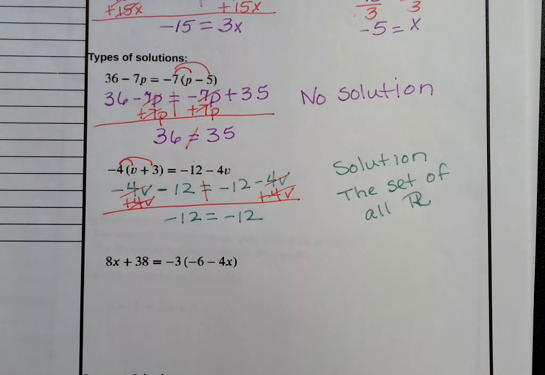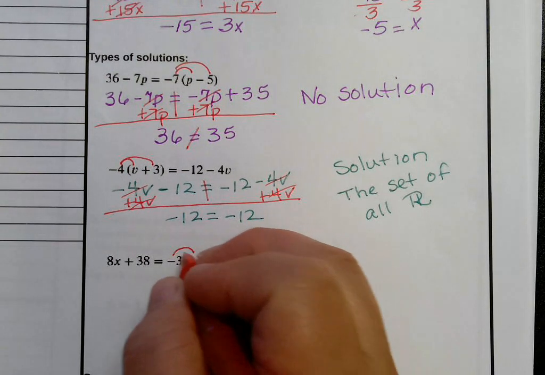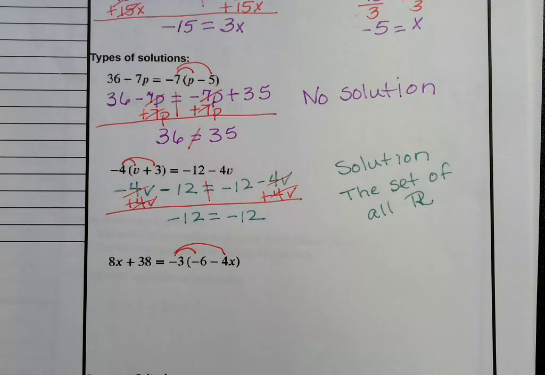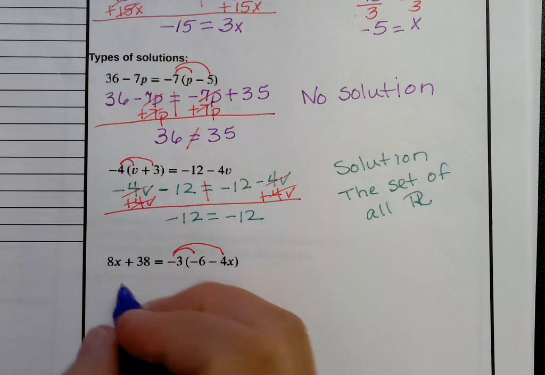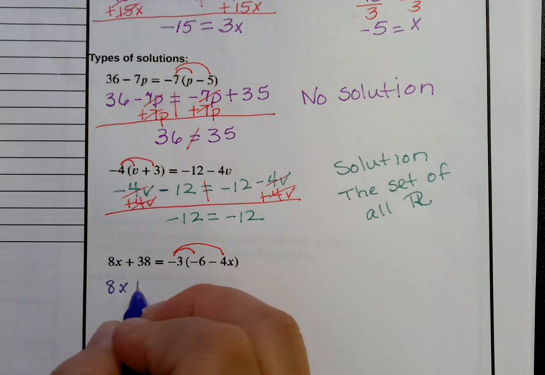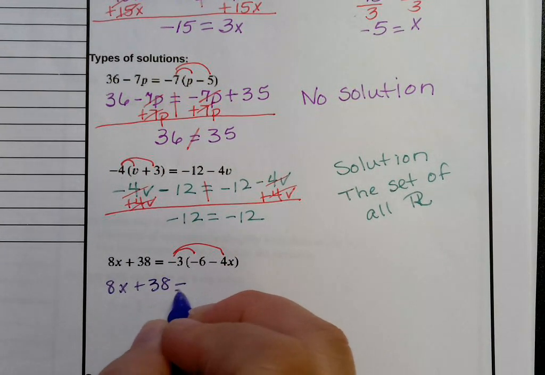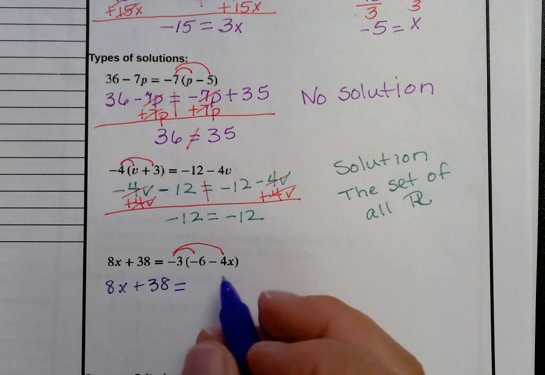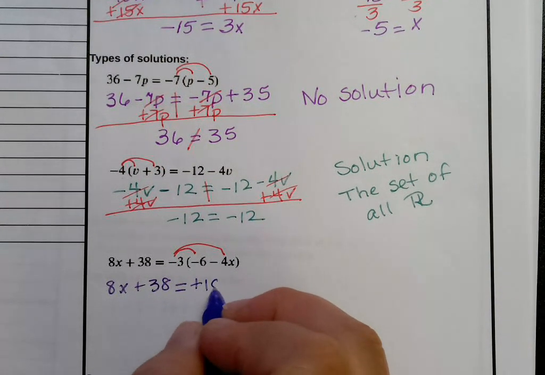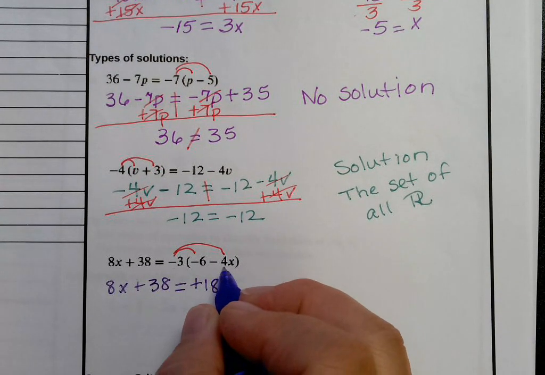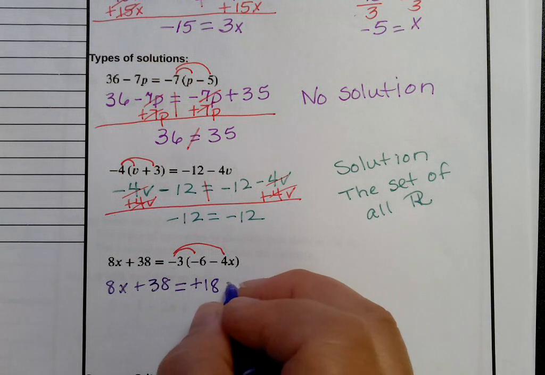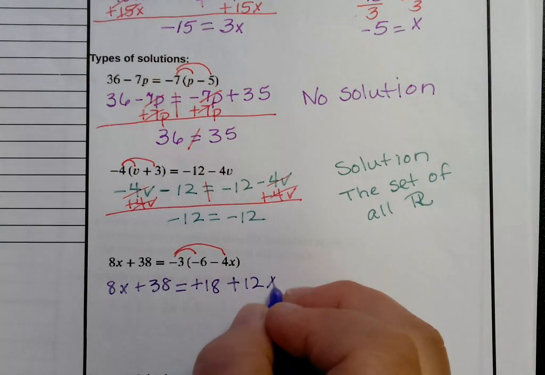For the third one, first thing we're going to do is to distribute. Okay, 8x plus 38 equals -3 times -6 is +18. -3 times -4x is +12x.